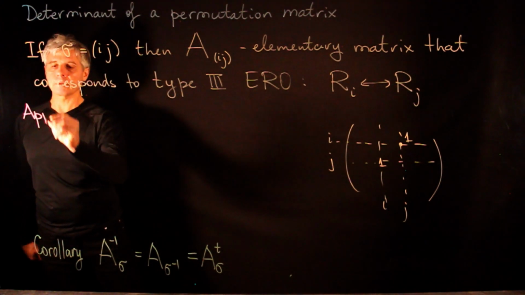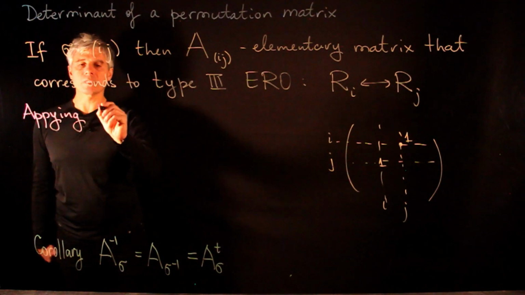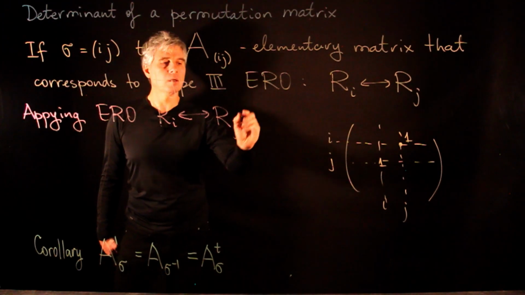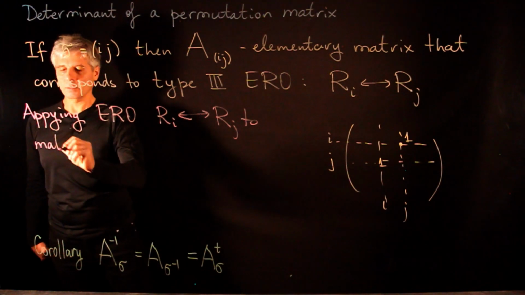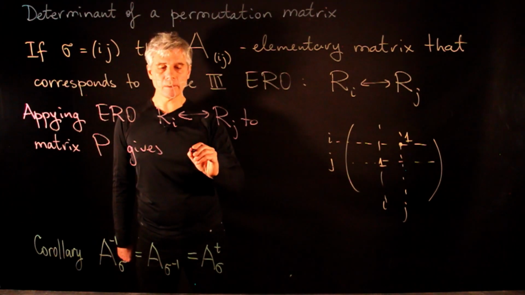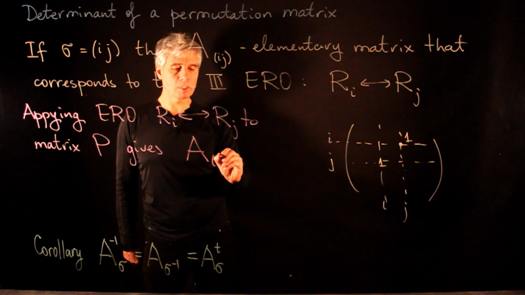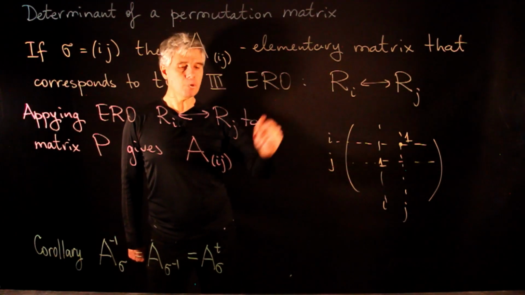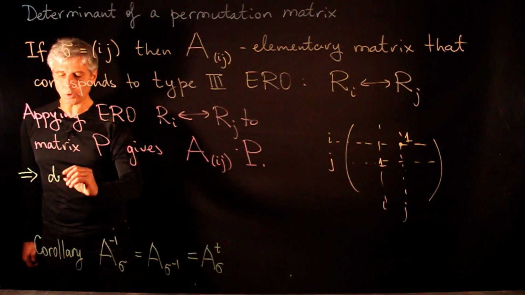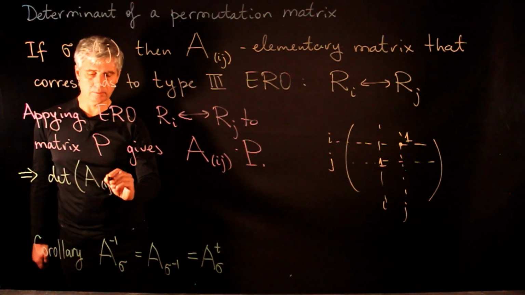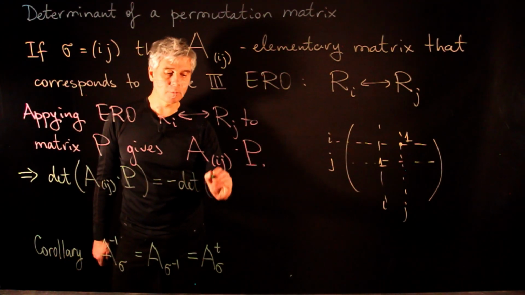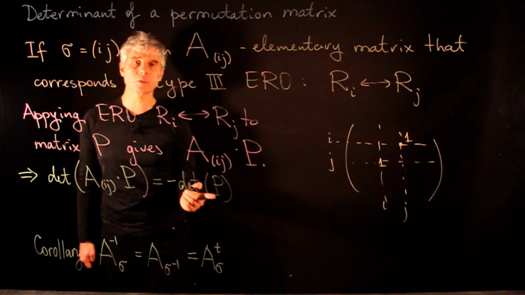So applying this elementary row operation, where we switch row i with row j, to some matrix P gives us, as a result, the product of this corresponding elementary matrix with matrix P. So this tells us that the determinant of this product is equal to minus the determinant of P, because this is one of the properties of the determinant.